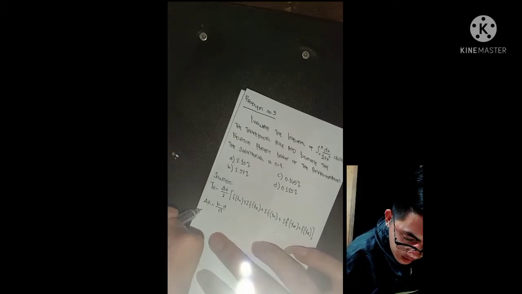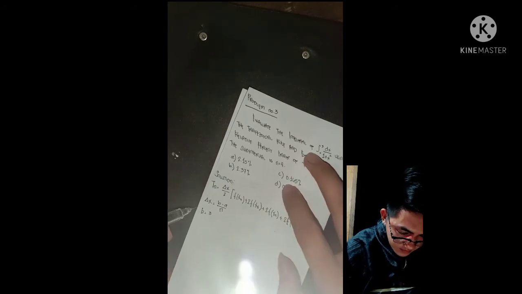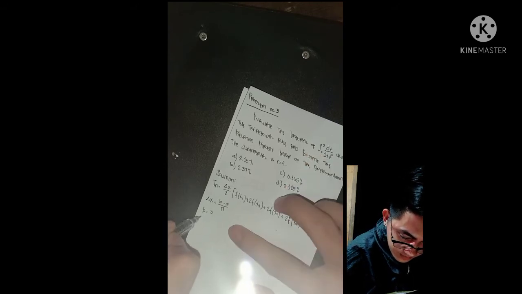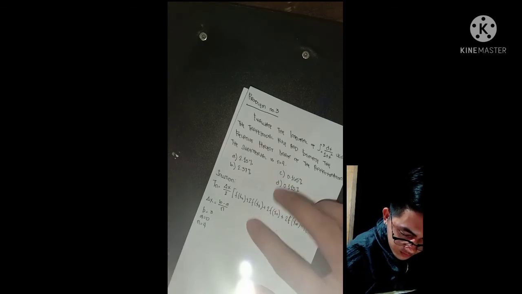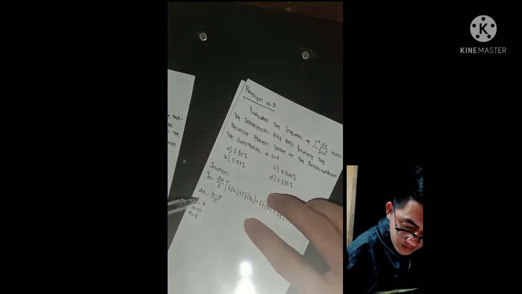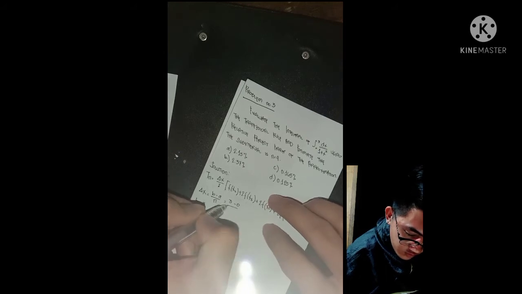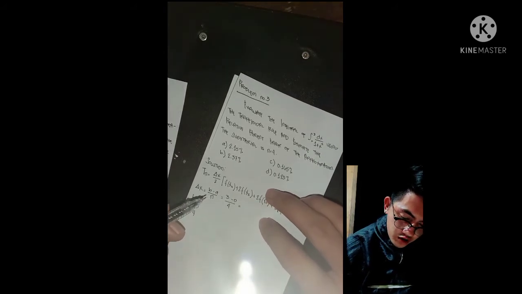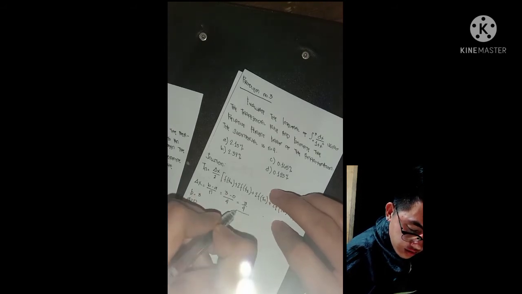Since the value of our b is equal to 3 and our a is equal to 0, and the value of our n is equal to 4, so 3 minus 0 all over 4. So 3 minus 0 over 4 is equal to 3/4. So this is our width of interval.